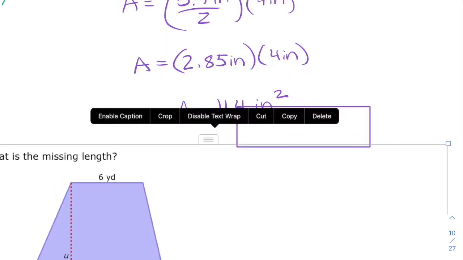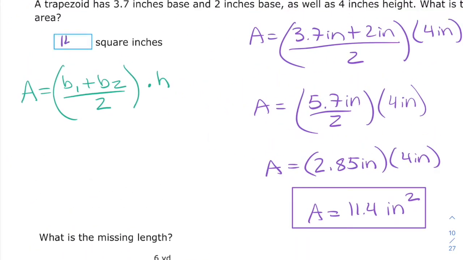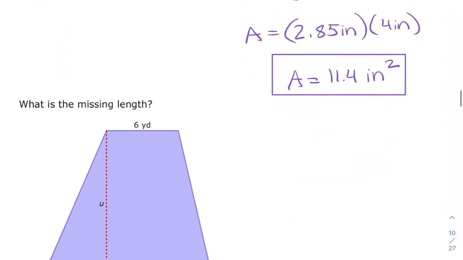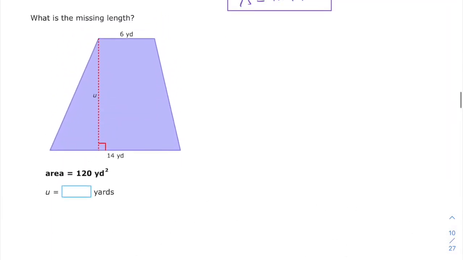And I'm done. 11.4 inches squared. It does not like when I have pictures on here. 11.4 square inches.